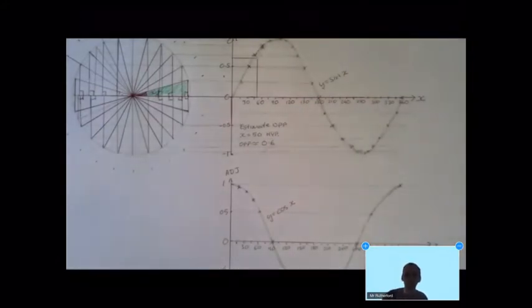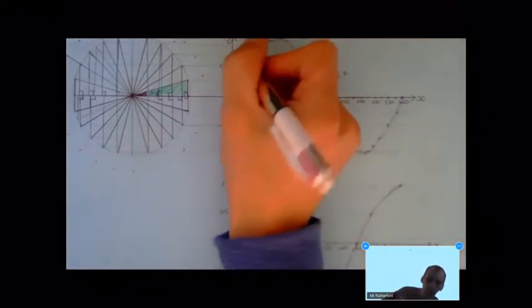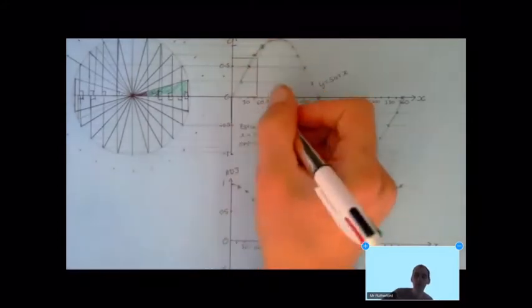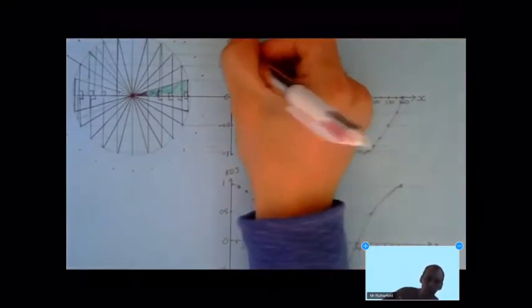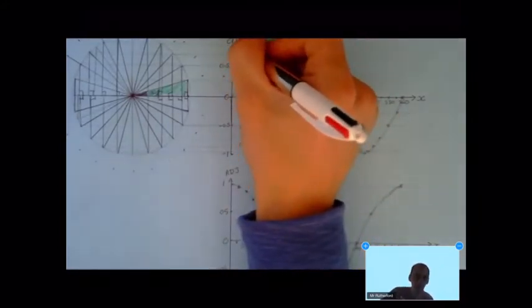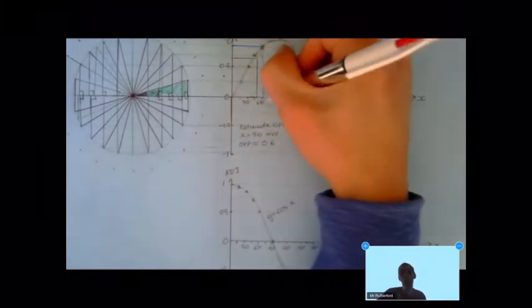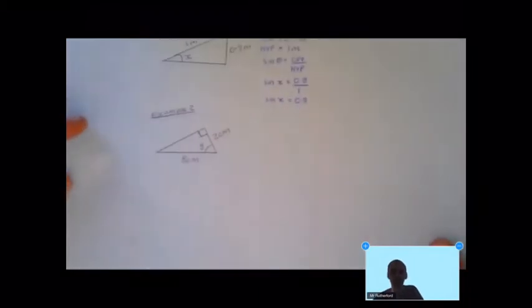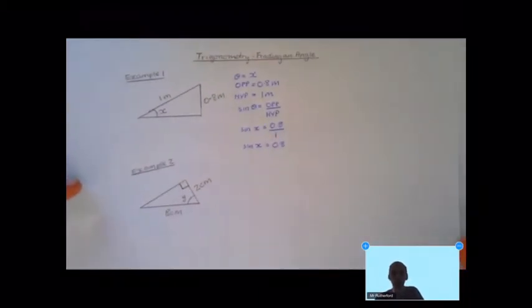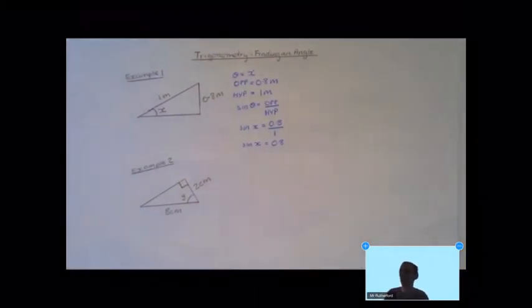We now need to find the angle that gives us a value of 0.8. So we go up to 0.8, and instead of going to the angle and up, we trace across, and we read off the angle. So it's like we are doing sin backwards. If you had a times, you did a divide, that is times backwards. It's an inverse operation, so we need an inverse sine function.